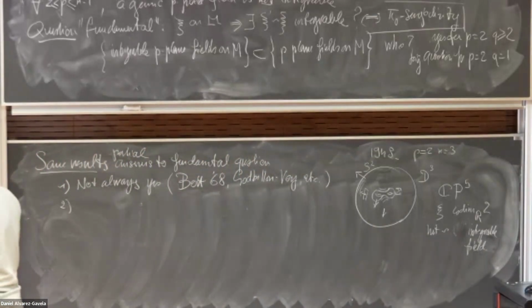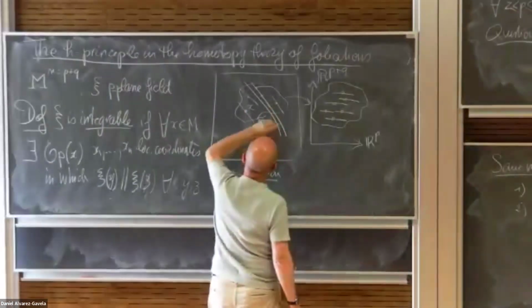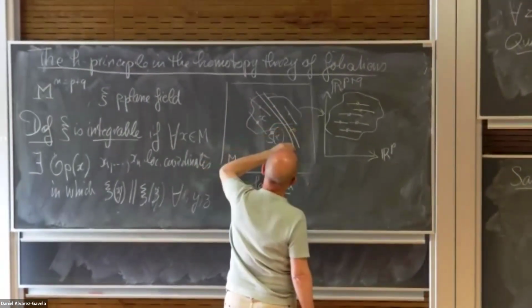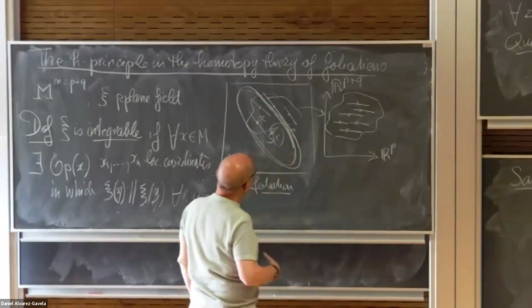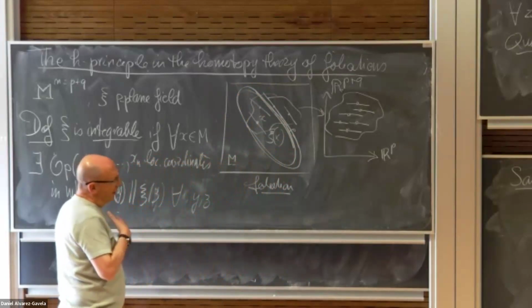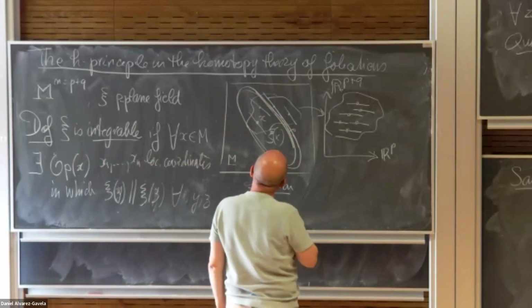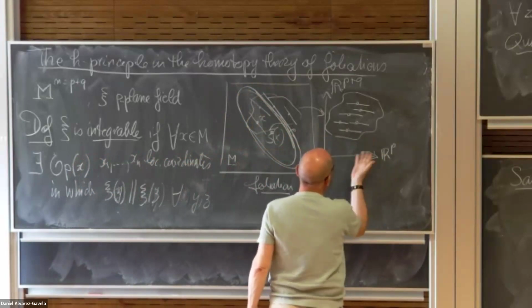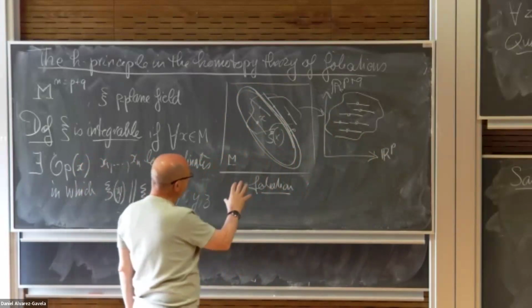Well, when one has an integrable plane field, one can consider the maximal submanifolds which are tangential and of the same dimension P. So this makes a partition of M into submanifolds of dimension P, which is locally like the parallels to R^P in R^(P+Q). These are called the leaves, and this is called the foliation.